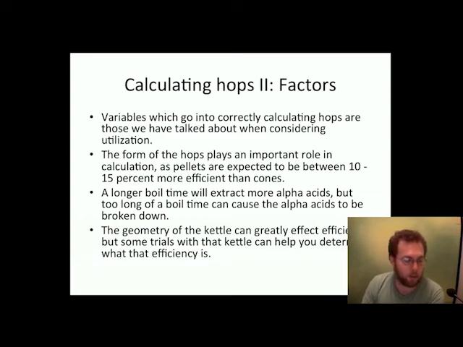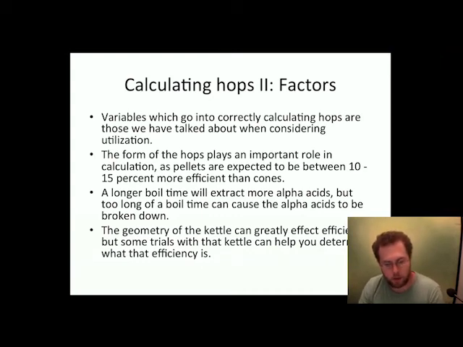The longer boil time that you do, depending on when you're putting it in the boil, the more alpha acids you're going to get, whereas the shorter you boil, you're not going to get as many. But boiling them for too long can actually start breaking down some of those alpha acids into other flavors that aren't typically desirable.